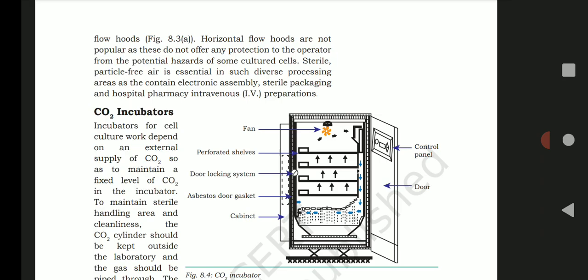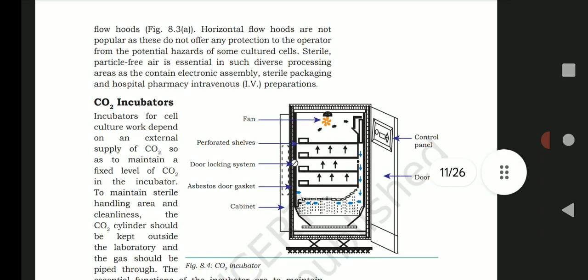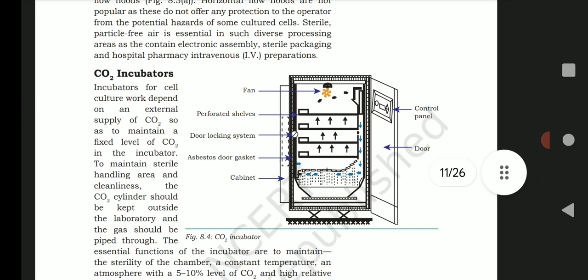Carbon dioxide incubators need an external supply of carbon dioxide to maintain a fixed level of carbon dioxide in the incubator. To maintain this level, 5 to 10% carbon dioxide has to be maintained, which in turn is provided by the carbon dioxide cylinder attached to the incubator for this purpose.